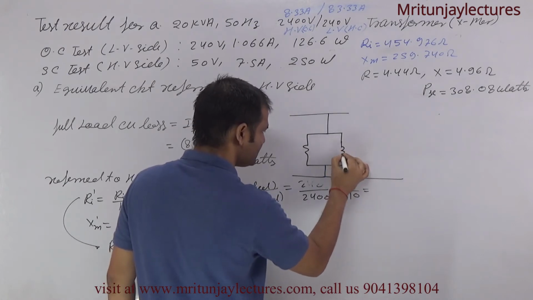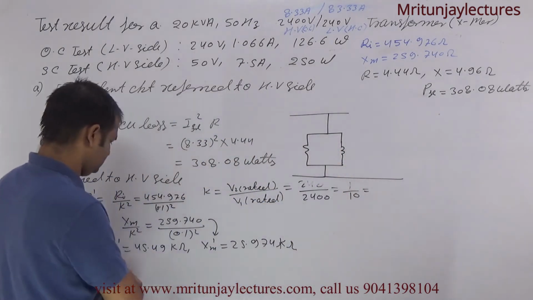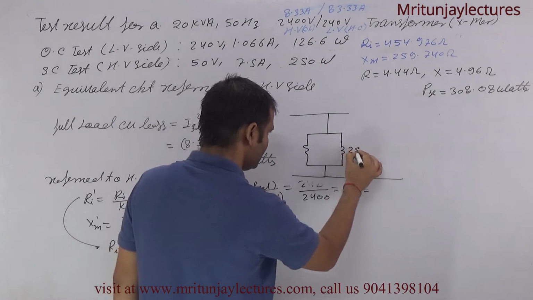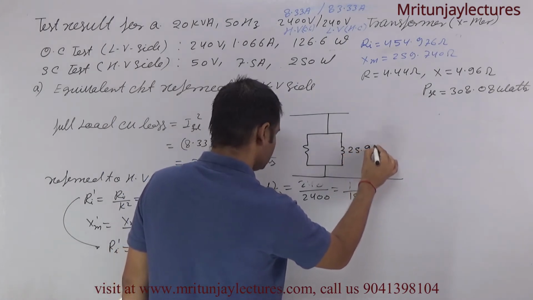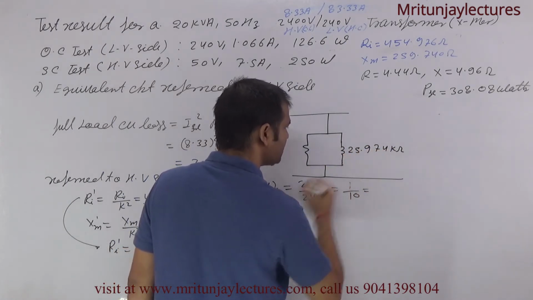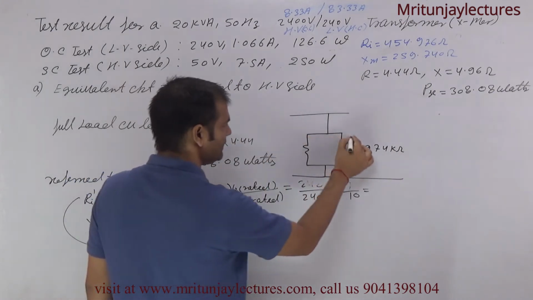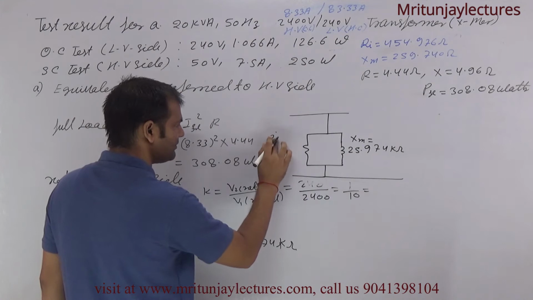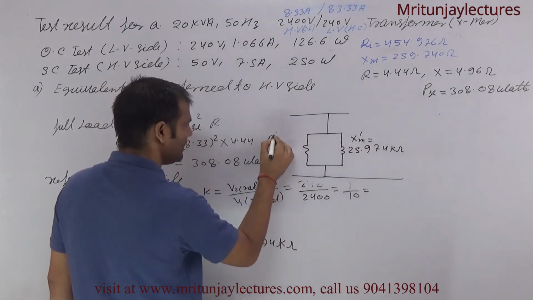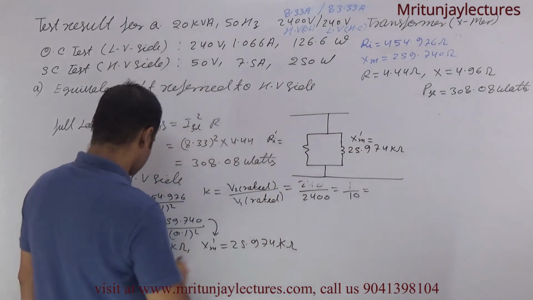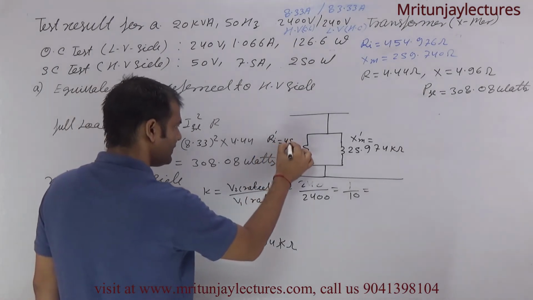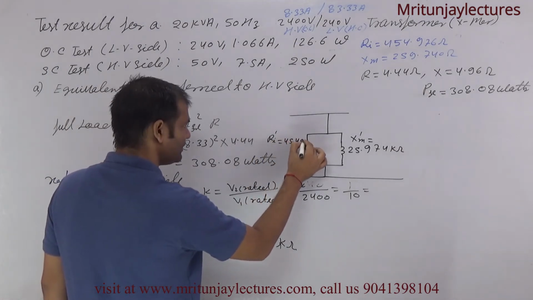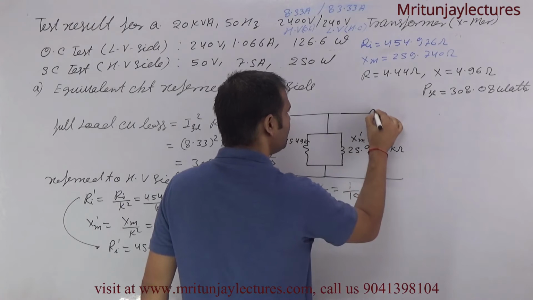That is the reluctance, Xm, not Xm dash, 25.974 kilo ohm, and Ri dash is equal to 45.49 kilo ohm.